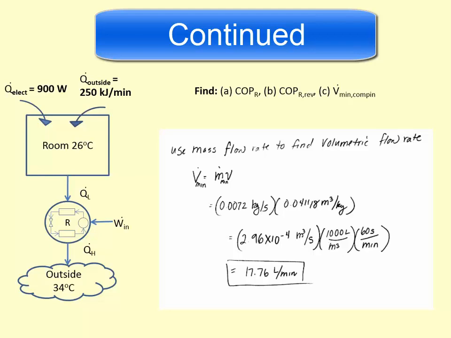And then if we convert that to liters per minute to compare, we have to multiply by 1,000 liters per meter cubed and 60 seconds per minute. Then we get 17.76 liters per minute. So instead of needing to have the fluid flowing through at 1,000 liters per minute, 17.76 liters per minute, if it were a reversible refrigerator with the same ambient conditions that it was trying to meet.